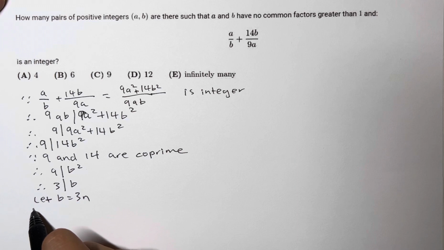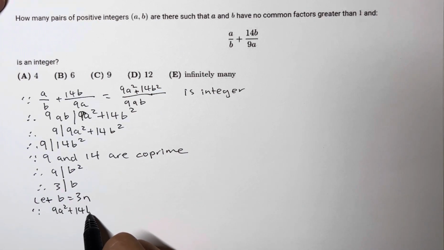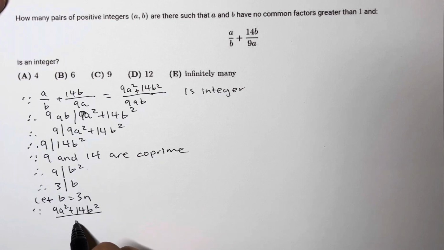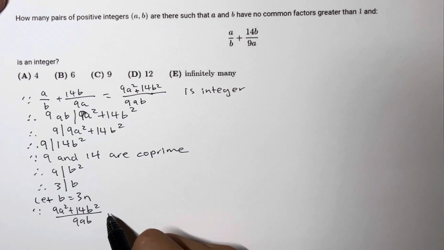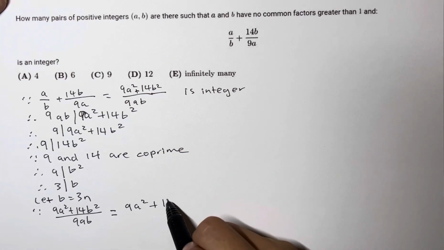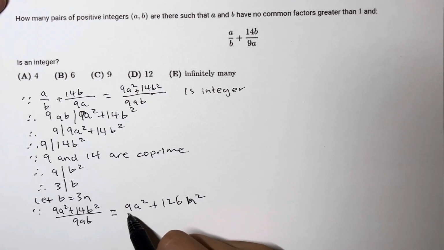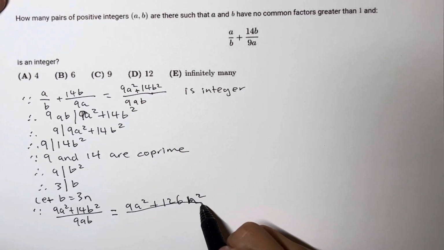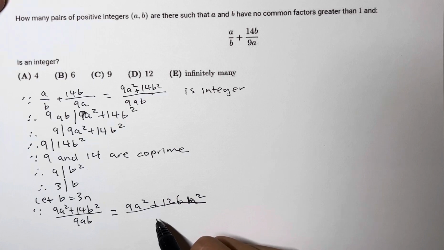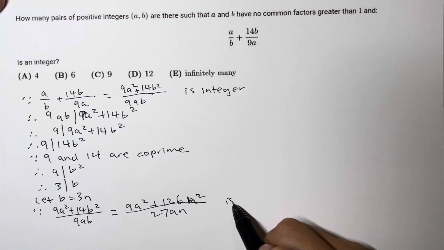So now, 9a squared plus 14b squared over 9ab equals 9a squared plus 126n squared over 27an, which is an integer.